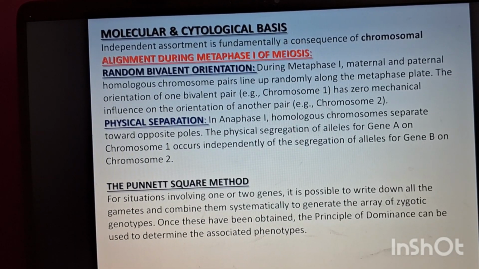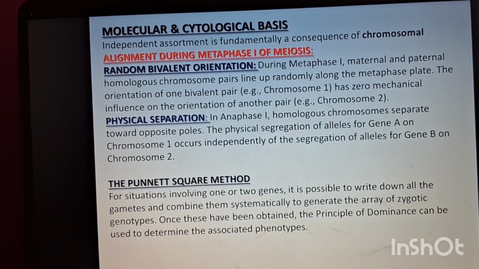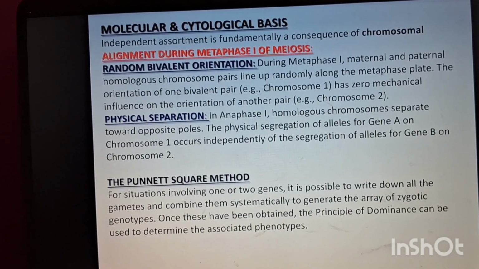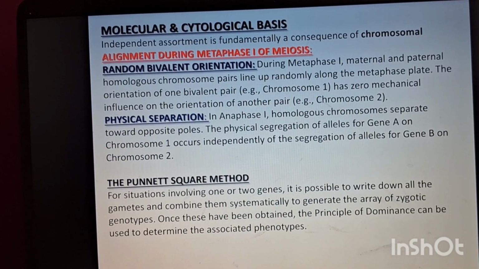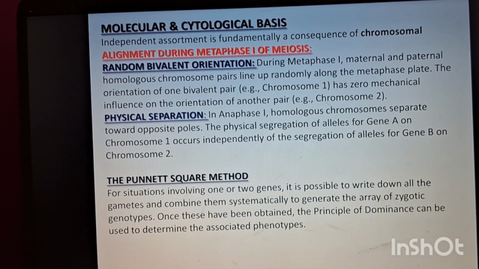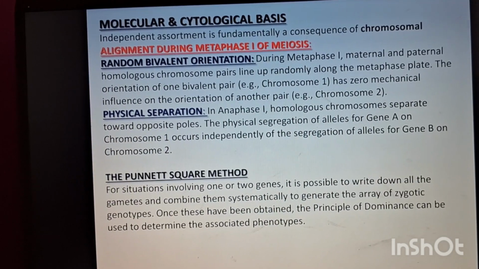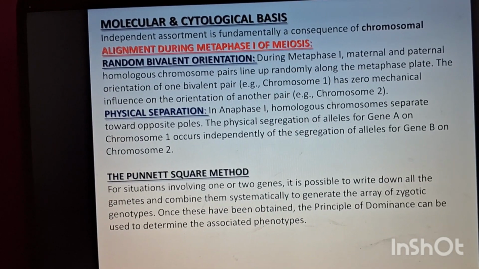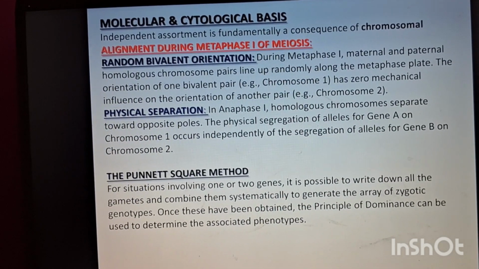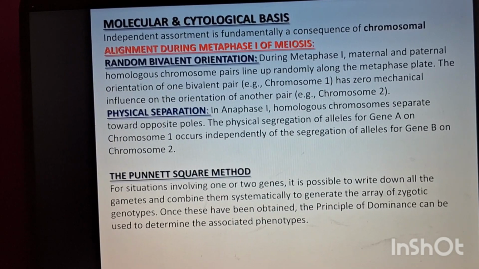The orientation of one bivalent pair has zero mechanical influence on the orientation of another pair. Next, physical separation. In anaphase 1, homologous chromosomes separate toward opposite poles. The physical segregation of alleles for gene A on chromosome 1 occurs independently of the segregation of alleles of gene B on chromosome 2.